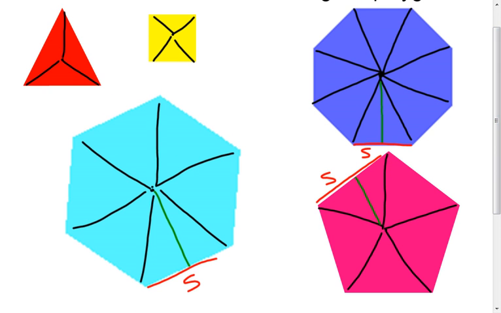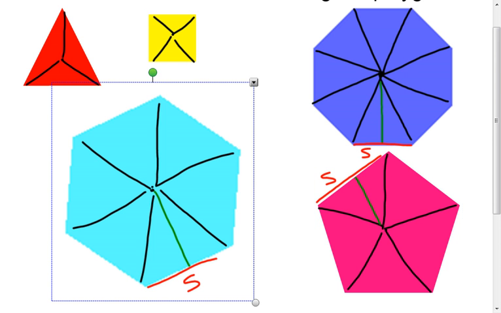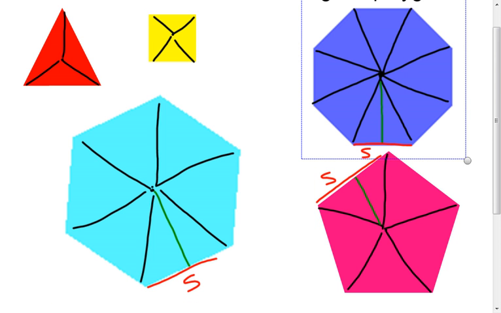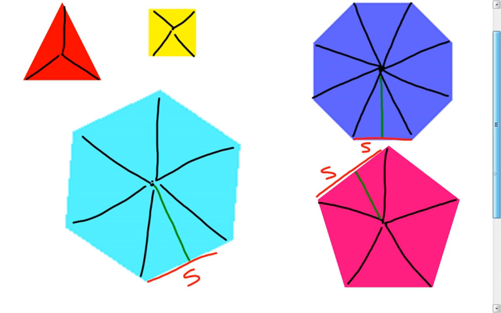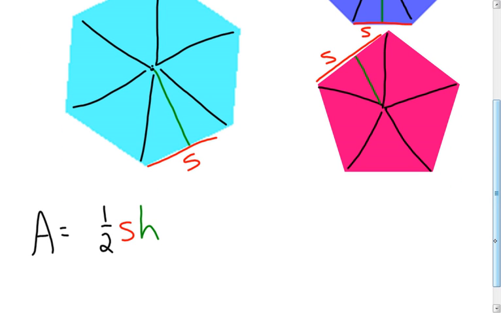Well, 3 sides, 3 triangles. 4 sides, 4 triangles. 5 sides, 5 triangles. 6 sides, 6 triangles. 8 sides, 8 triangles. So however many sides it has, it's going to have the same number of triangles if I create them the way I did. So then I'm going to multiply by what I'm going to call n, thinking back to another formula we used where n represented the number of sides.